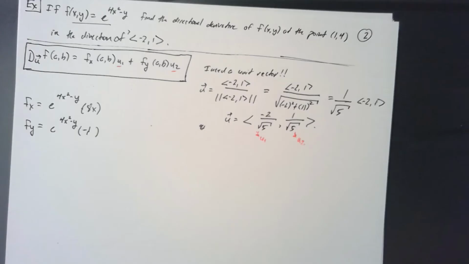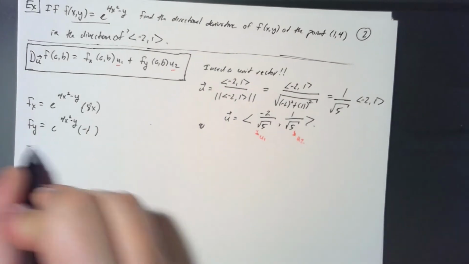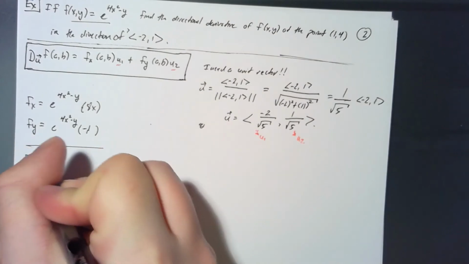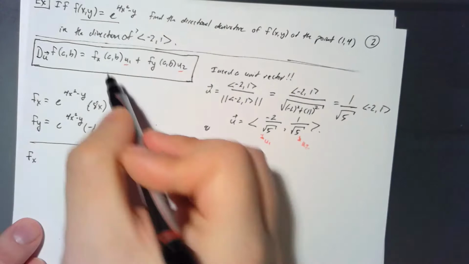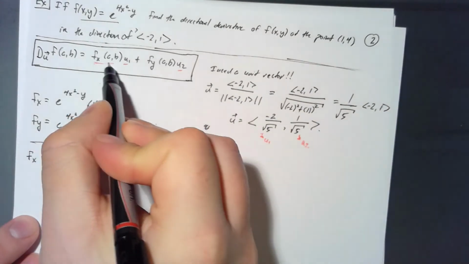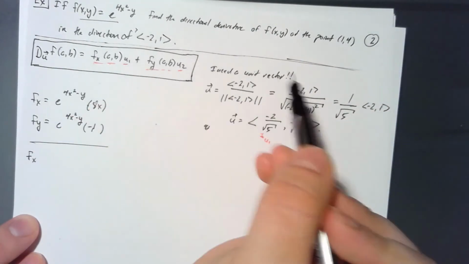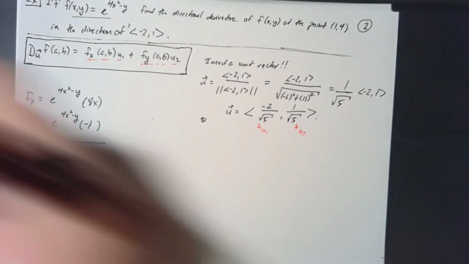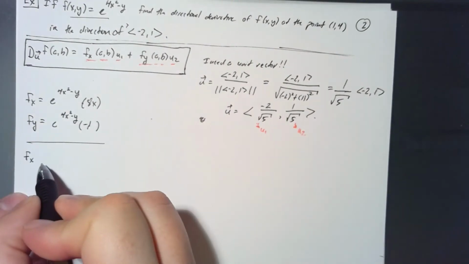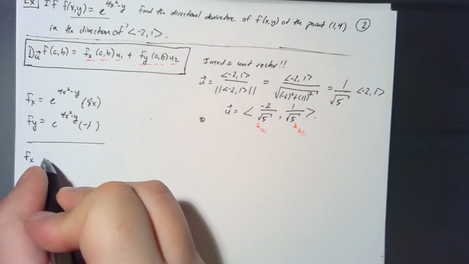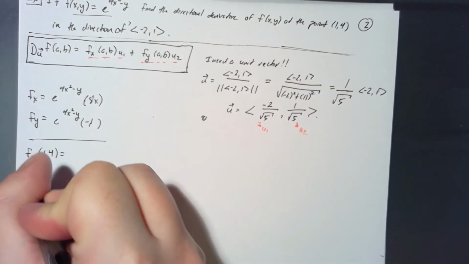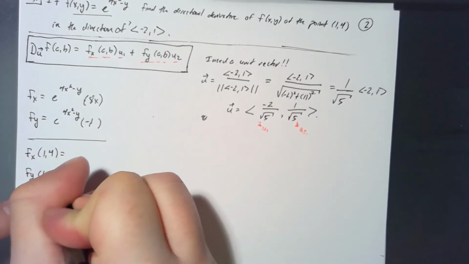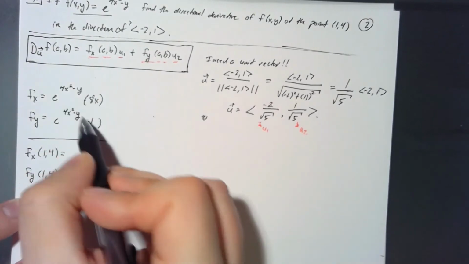Now what I want to do is evaluate the partials at the given point. That's what these parts are in the directional derivative formula. So I want to find the partial with respect to x at the point 1, 4, and the partial with respect to y at the point 1, 4. So plug that into each partial.